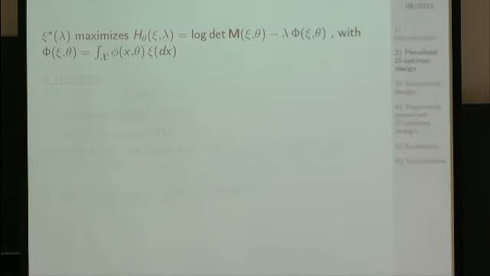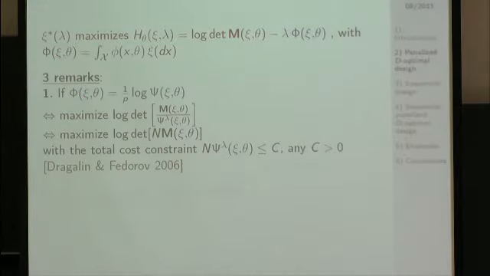So in what follows, I shall consider this type of criteria here, which is parameterized by lambda, and the optimal design measure for this criterion will be denoted by psi star of lambda. And I would like to make 3 remarks here. First, if we write here the integral cost in this way, if we say that it is 1 divided by p times log of some other cost of psi, then solving this problem is strictly equivalent to maximizing this log determinant here.